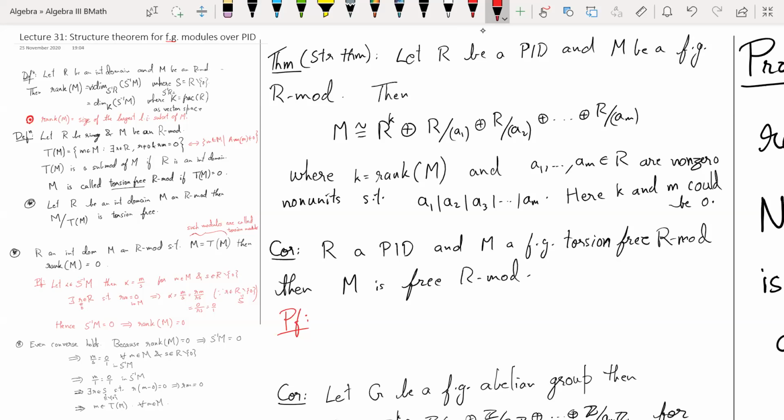The point is M is a finitely generated torsion-free R-module. Then the structure theorem tells us that M is going to be isomorphic to R^k plus something like this.